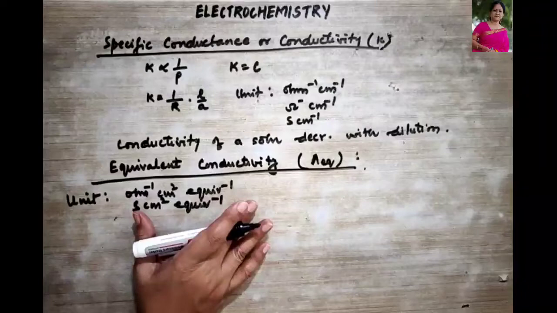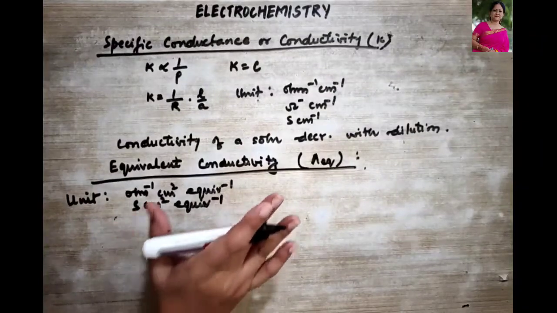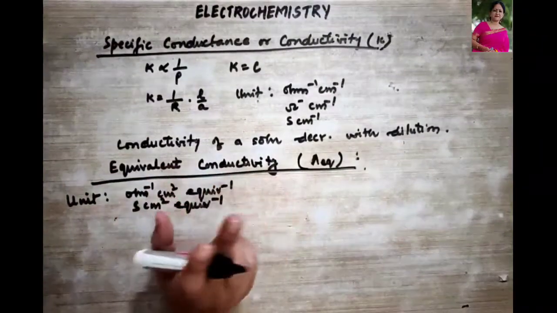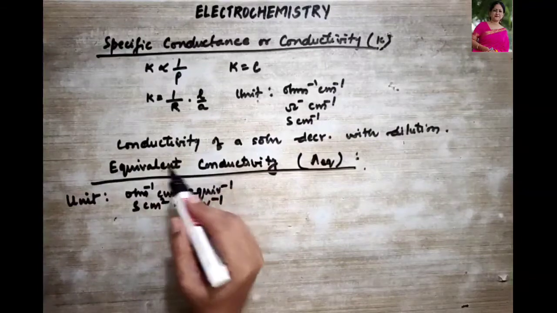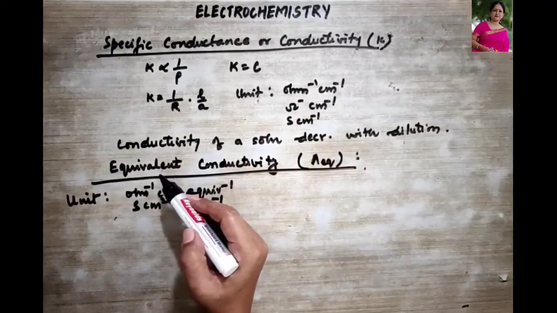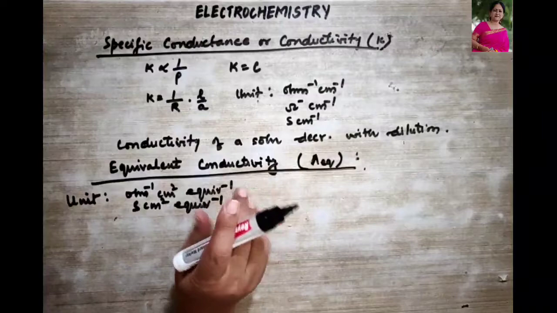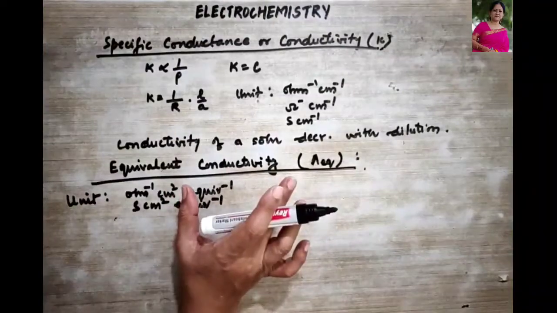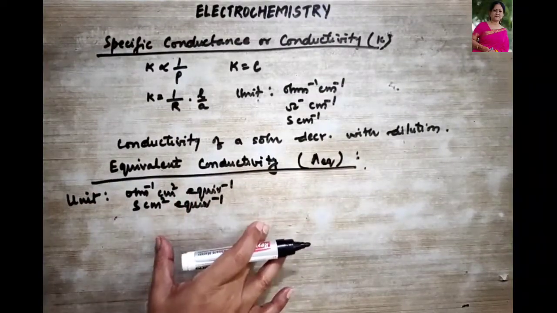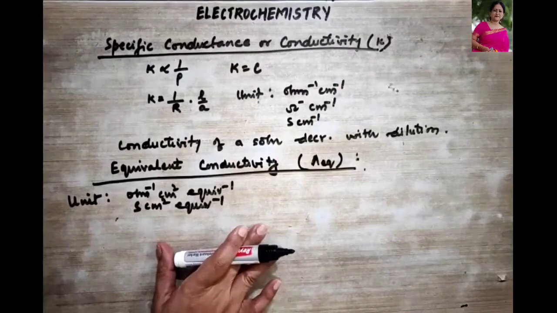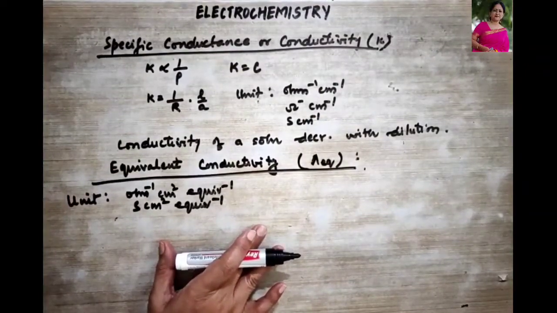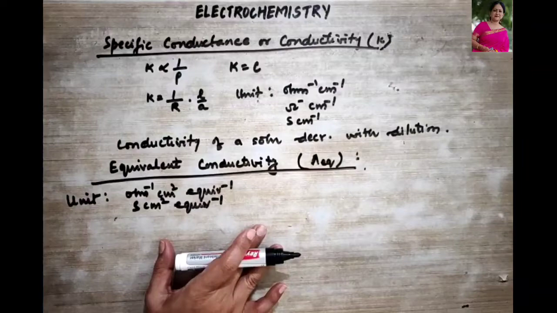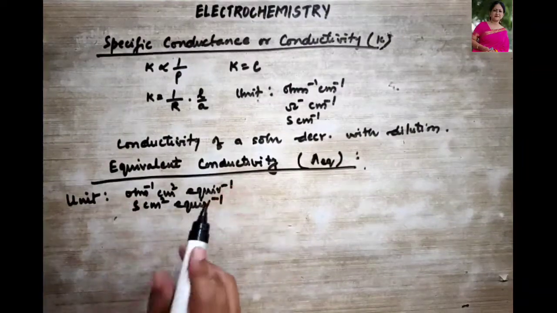So this equivalent conductivity is the conducting power of all the ions that are furnished by 1 gram equivalent of an electrolyte present in the definite volume of the solution between the two electrodes which are placed 1 centimeter apart. Clear? So this is called your equivalent conductivity.